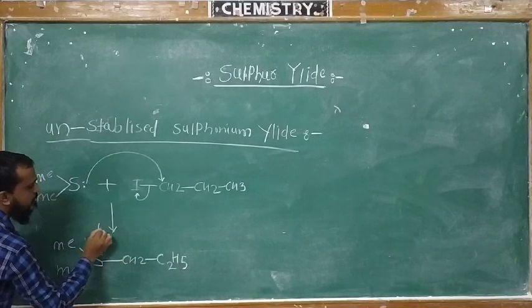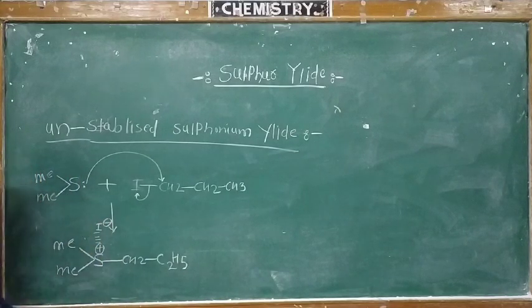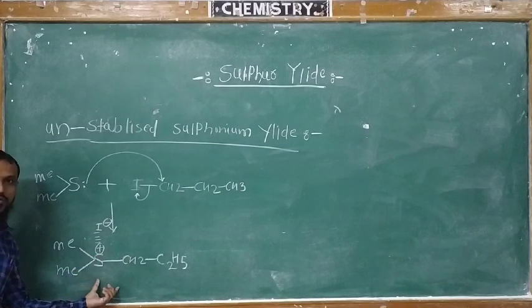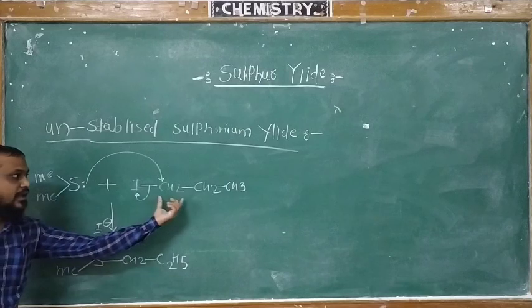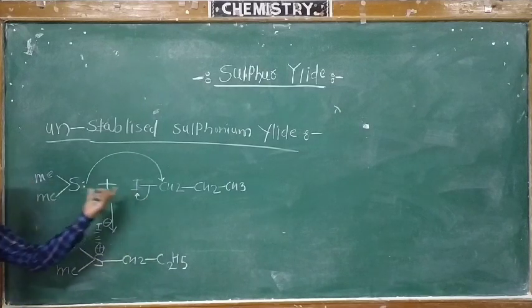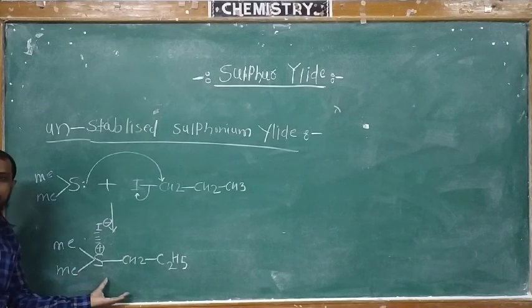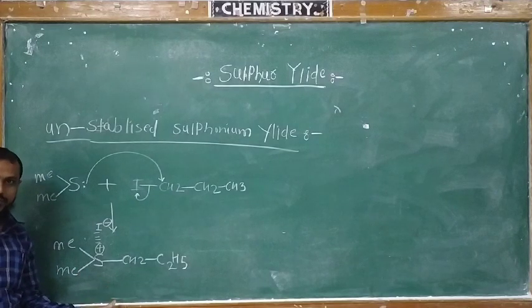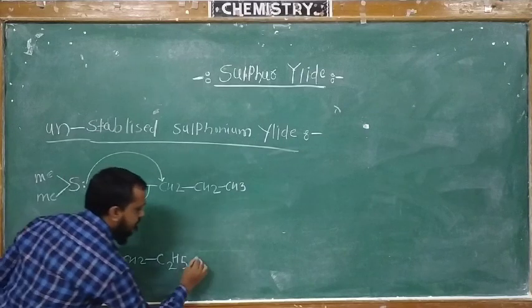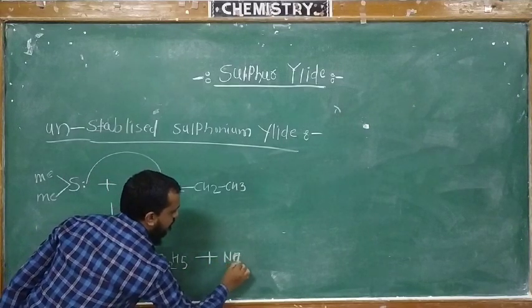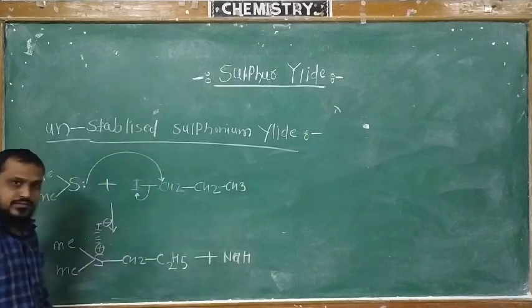Due to the loss of lone pair, the sulfur bears a positive charge. Okay, so this is the salt of alkyl halide and dimethyl sulfide. Okay, now this newly formed salt undergoes deprotonation with a strong base. Generally, here I have taken sodium hydride as a strong base.